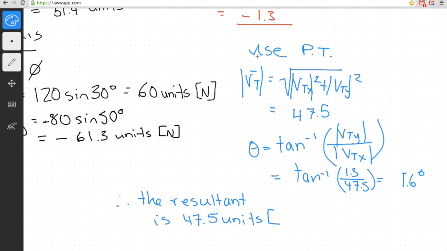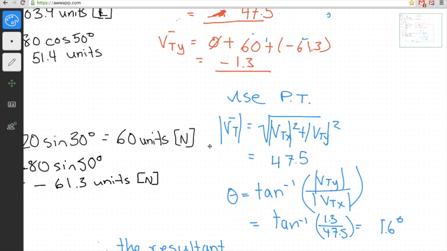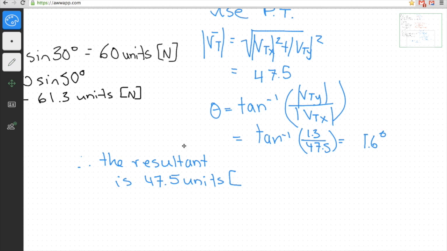And then to figure out our direction, we go back to our components. It's going south and east because this is negative, so that means south. This is positive, so that means east. So then I use that information here, but I always start with the east-west one first. And the reason why I do that is because of what I drew here.